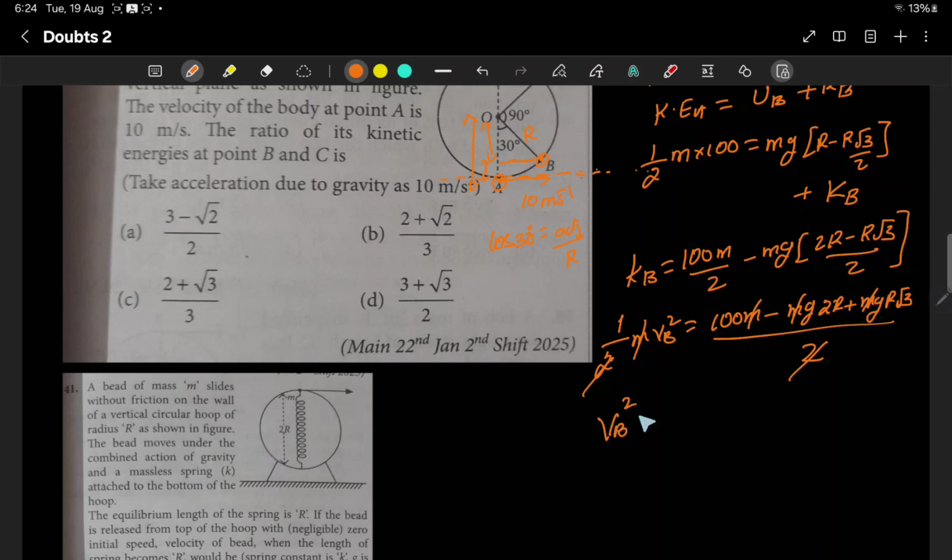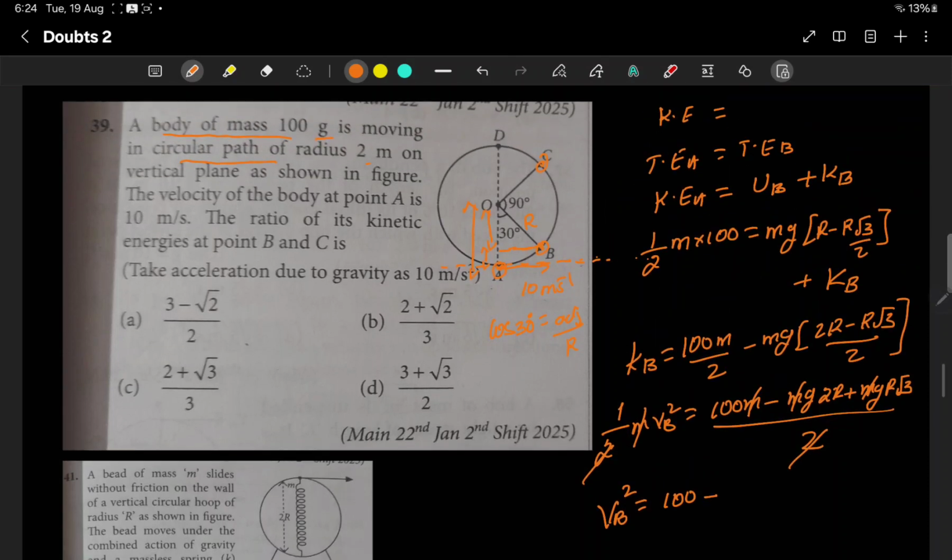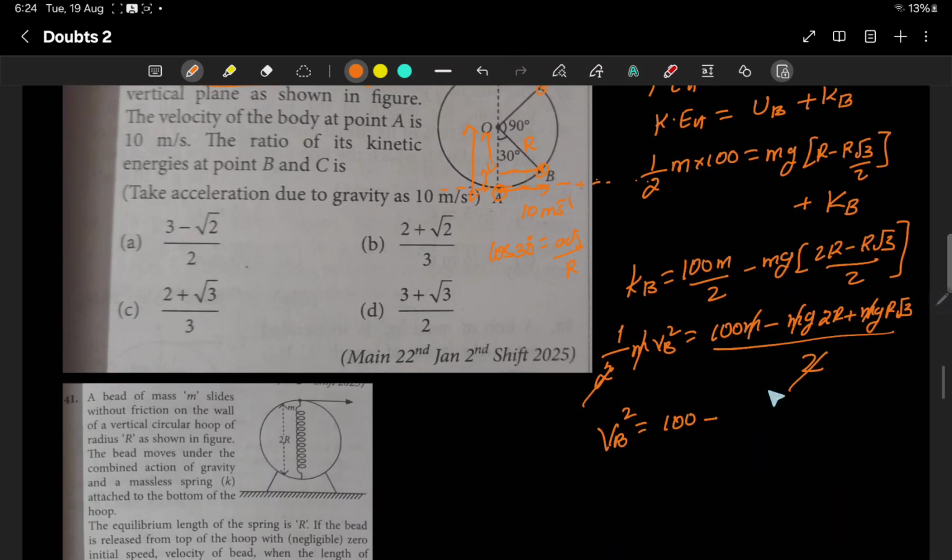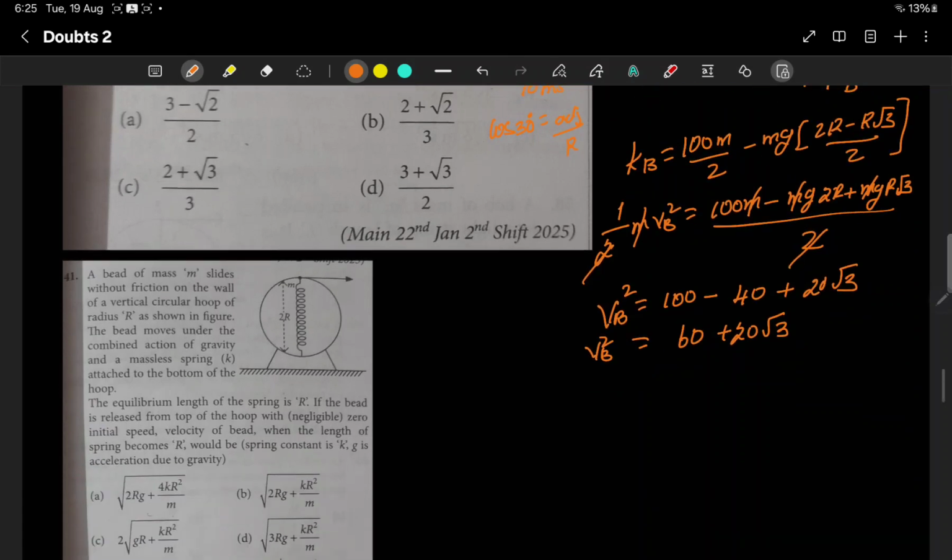So velocity at B square will be equal to 100 minus g into 2 into r. Here g is 10, so 10 into 2 is 20, radius is also 2, 2 into 2 is 4, so it is 40. Plus 10 into 2, 20 root 3. So here we will get 60 plus 20 root 3. So this is what vb square. This we can keep as it is.